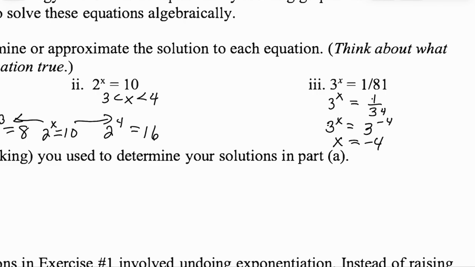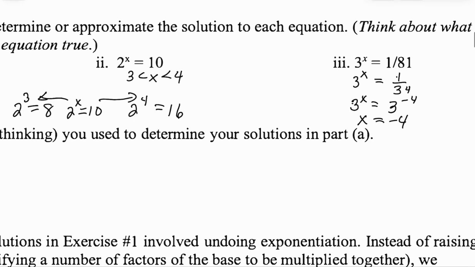Now you can check your work. You can put 3 to a power of negative 4 into a calculator. Do I get the fraction 1 over 81? And you would, okay? So a negative denotes that it got flipped somehow. The 81 is just going to be, is it a power of 3? And in this particular case, it's a perfect power. 3 to the 4th is exactly 81, okay?